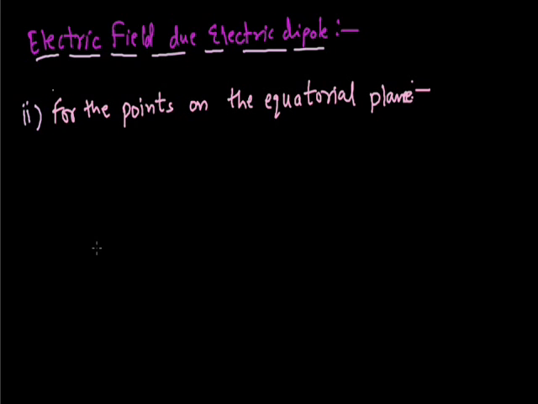Okay, first we'll draw the dipole. We have one positive q charge and another negative q charge, both 2a distance apart. Now we'll make an equatorial plane, which is perpendicular to the axis of the dipole and passing through the center of the dipole.